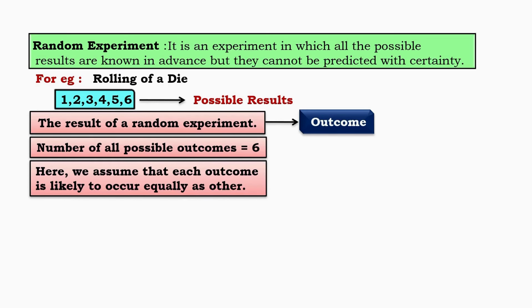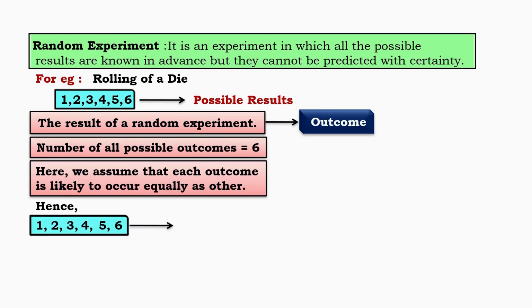That means out of these 6 numbers, there is an equal chance that 1 can come, 2 can come, 3 can come, 4, 5, or 6. Whenever we are rolling the die, any of the numbers can come. So each outcome is likely to occur, and that is why it is called equally likely to occur.